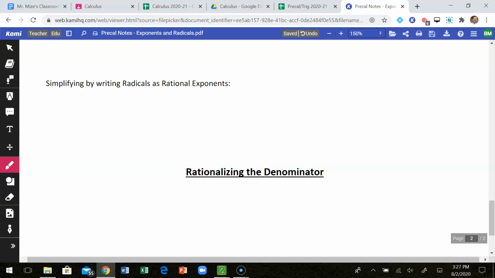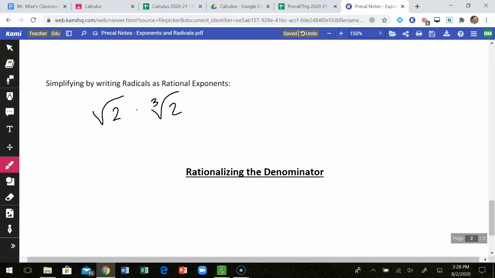So if I wanted to do the square root of 2 times the cube root of 2. I could use exponent properties to do this. I could use radical properties. I just want to show you what this kind of means if I were to switch this around.